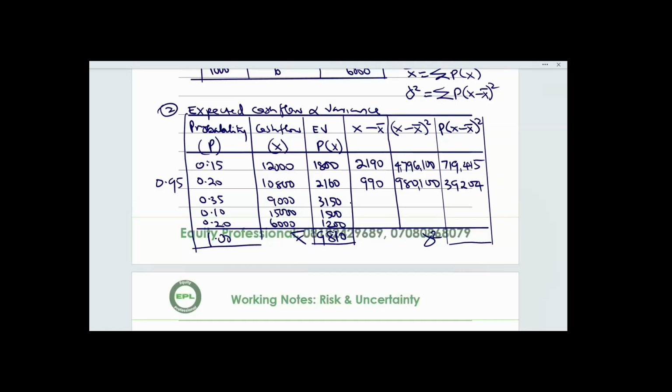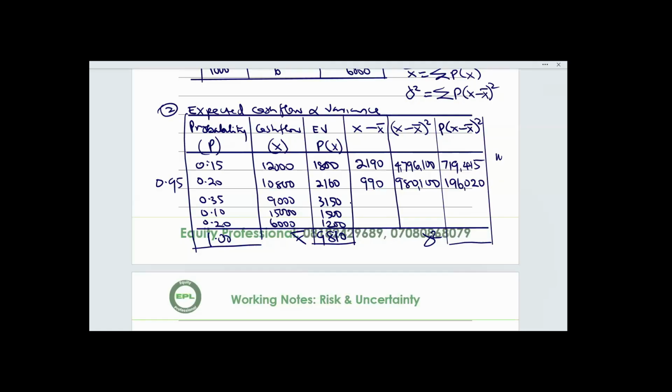It is 196,020. Okay, 196,020. Then the third line, 9,000 minus 9,810.